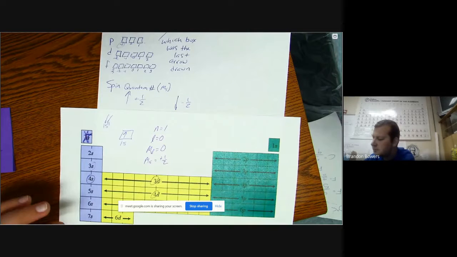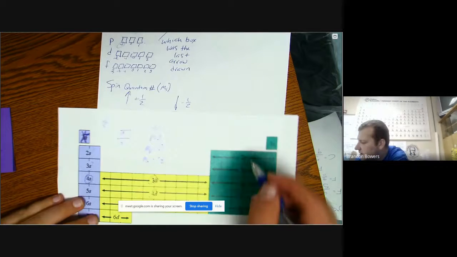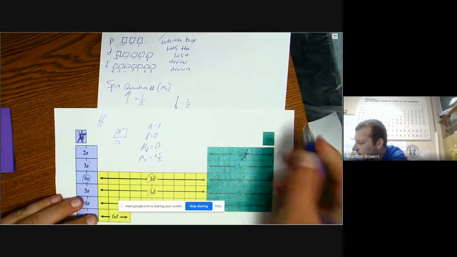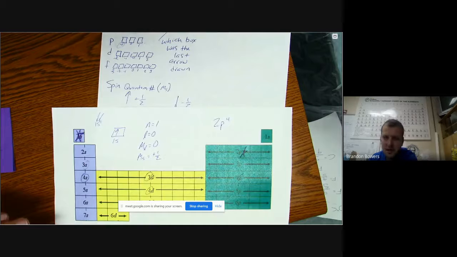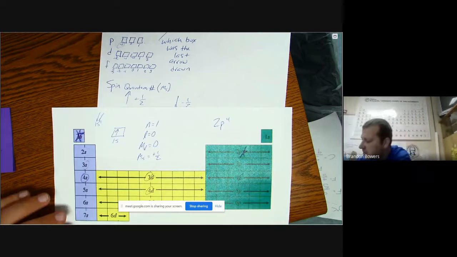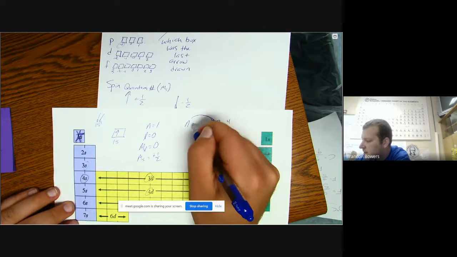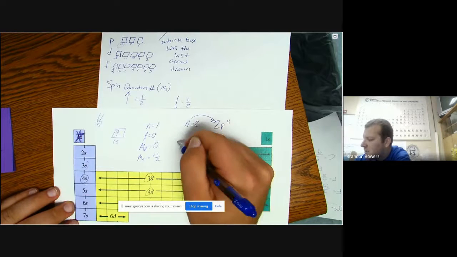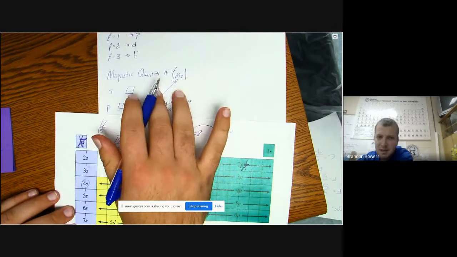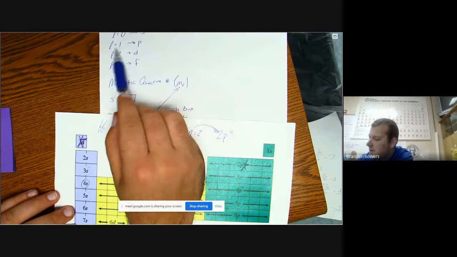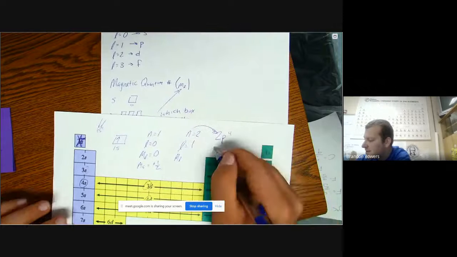Now I'm going to do another one. Let's do oxygen. Oxygen is located right here at 2p4. If you want to pause the video, you can do so, but I'm going to keep moving. So the n is 2. What does P represent? L is 1 at P, so L is 1. For my ML, I've got to draw my boxes out.